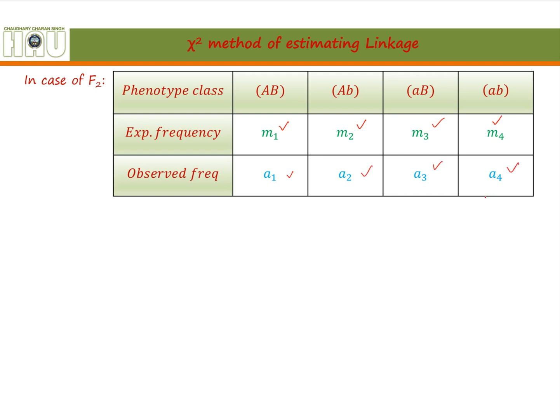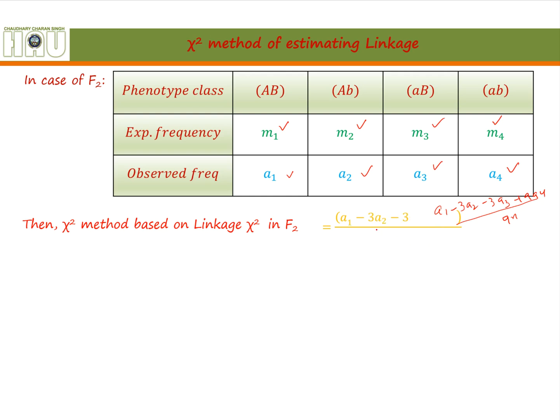Then the chi-square based on linkage chi-square in F2 can be given as usual: (A1 minus 3A2 minus 3A3 plus 9A4) whole square divided by 9n. I have already explained it.